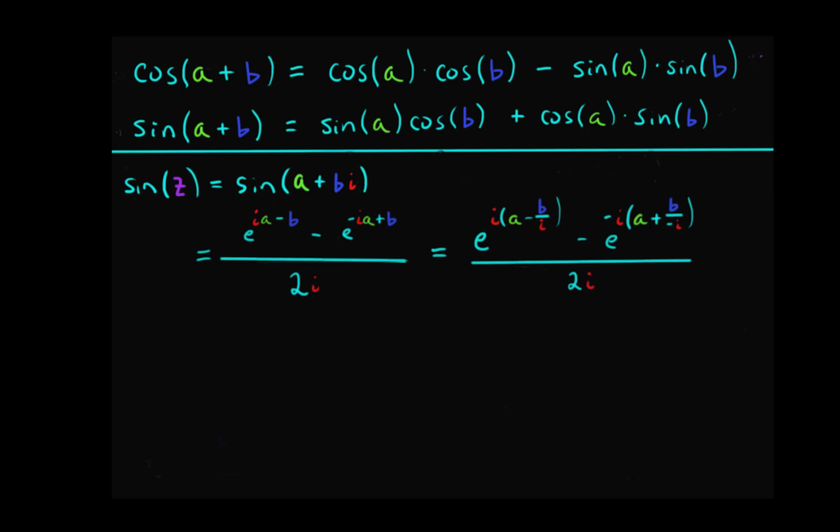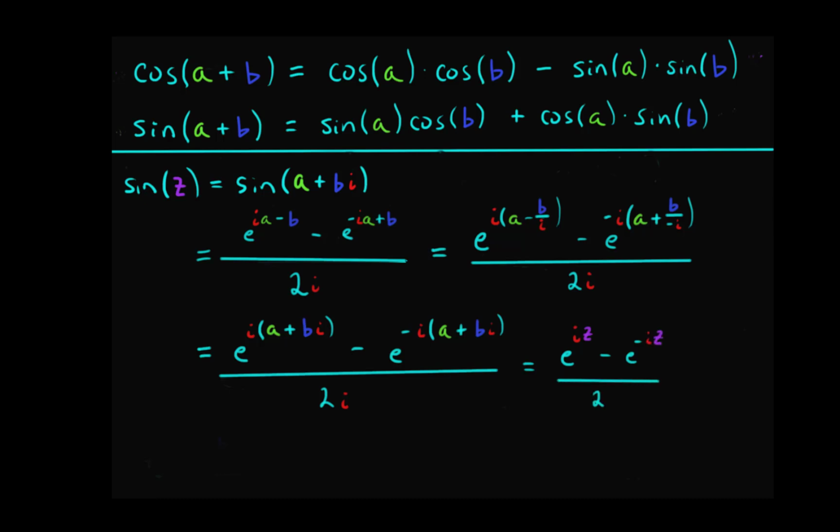And then b over negative i just equals b times i. So we can write that this equals e to the i times a plus bi minus e to the negative i times a plus bi, all over 2i. But a plus bi just equals z. So this equals e to the iz minus e to the negative iz over 2i. And we've proved the identity for sine of z.